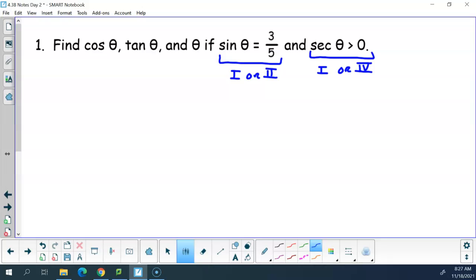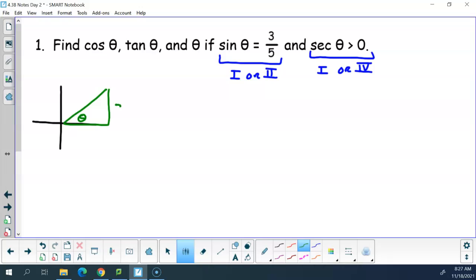So that means we're in quadrant number 1. Okay? So we're somewhere like that. There's our theta.